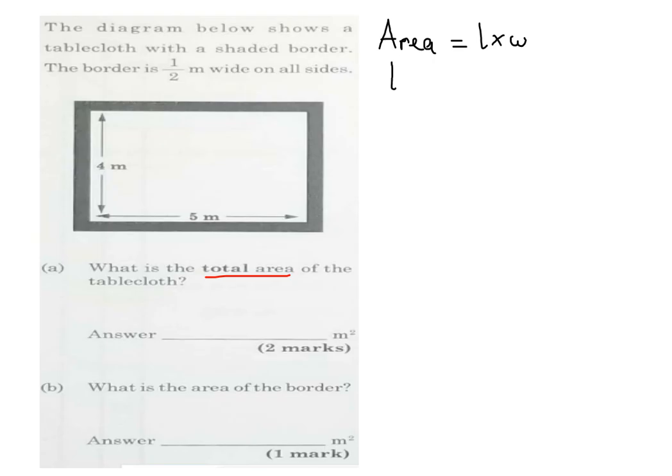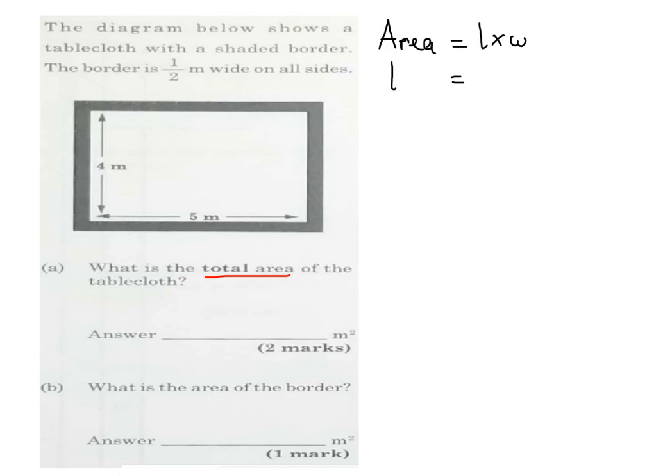And if we have to find the area, and first of all, they specify a total area of the tablecloth, we need to figure out what is the total length of the tablecloth and the total width of the tablecloth. Now, they have 4 meters here and they have 5 meters here. And what did they tell us?